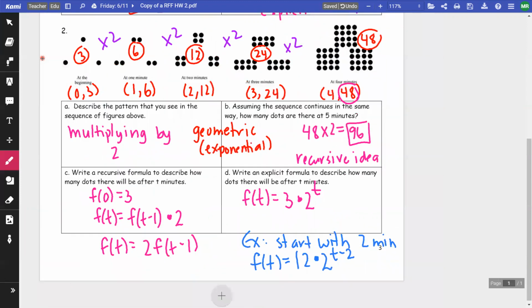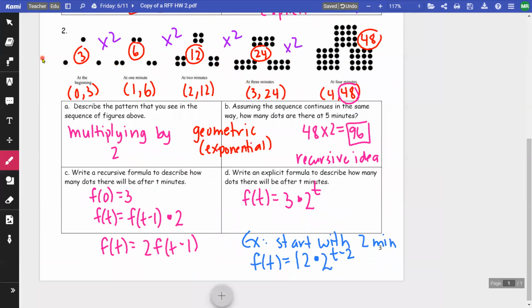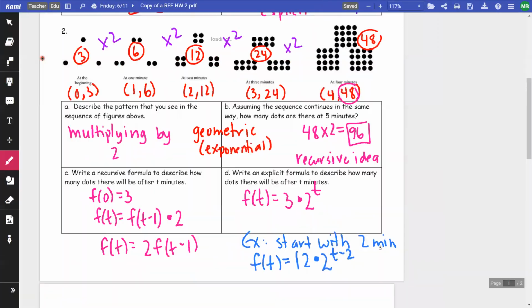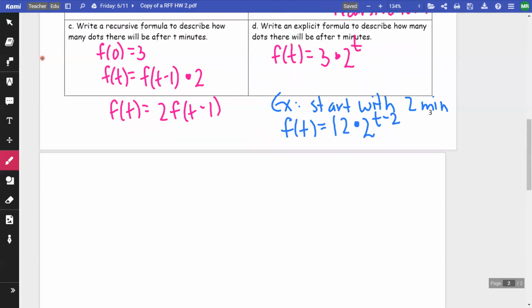Now, I'm just going to add a blank page onto this. And I want you to understand that in both of these cases, another way I could have done it is instead of writing it as f of 0, a lot of times we use a, in integrated 3 we use a.